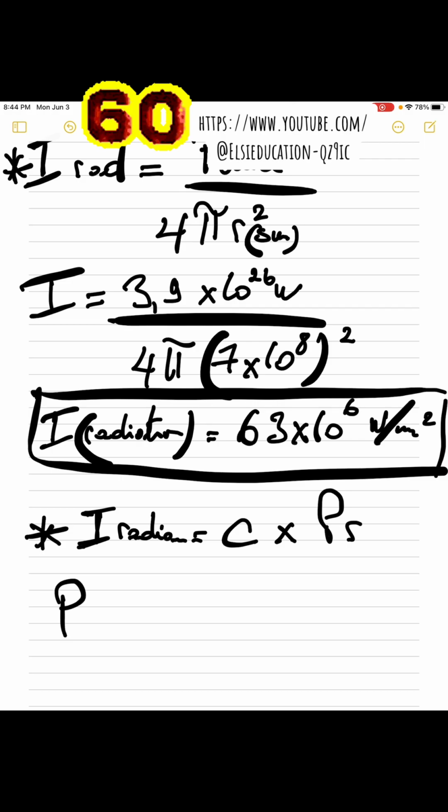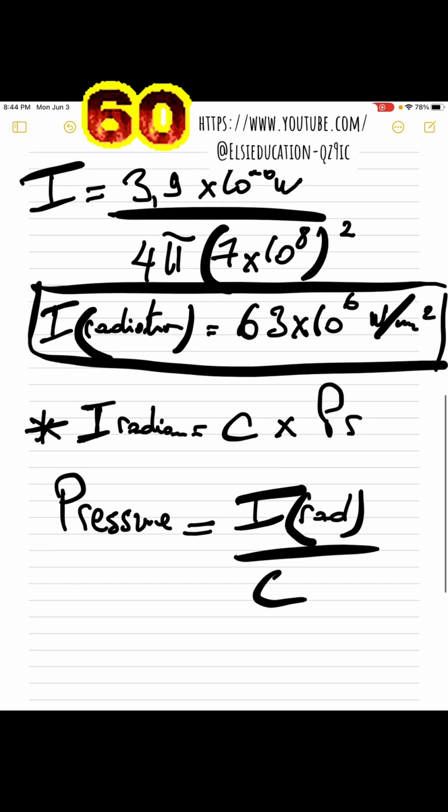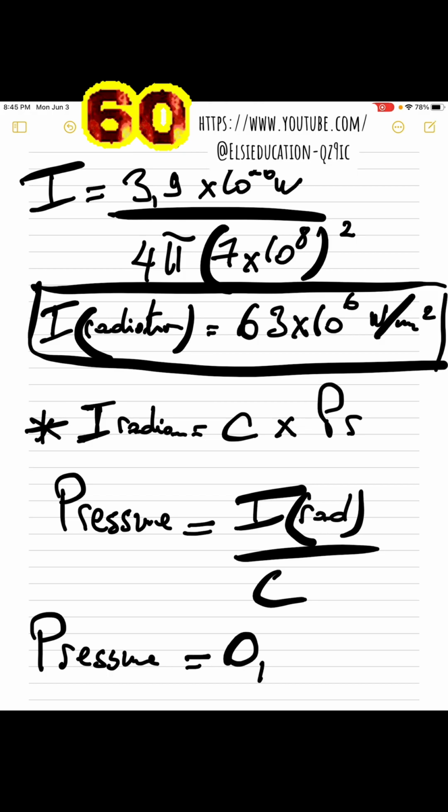So the pressure will be equal to the intensity of the irradiation divided by the speed of light. So the pressure is equal to 0.22 pascals.